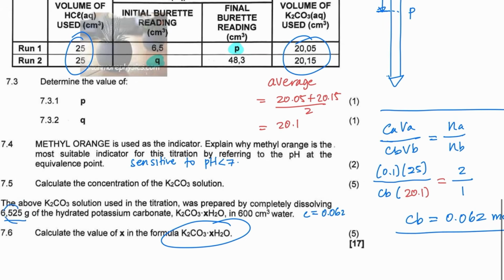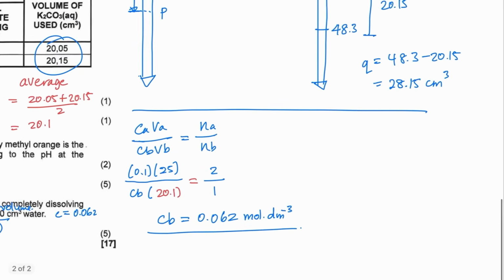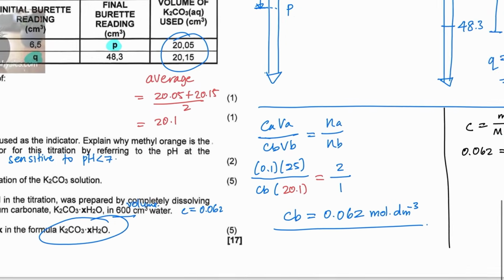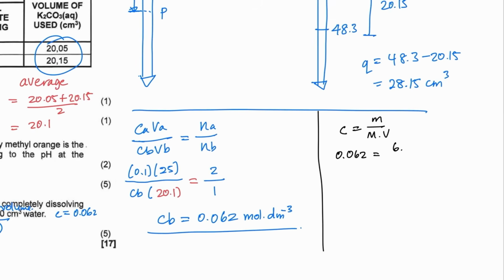We know the mass, and we also know the volume. So we can work out the molar mass. The formula that we can use is C is equal to m over capital M times V. So the concentration 0.062 is equal to the mass, which was 6.525, divided by the molar mass.